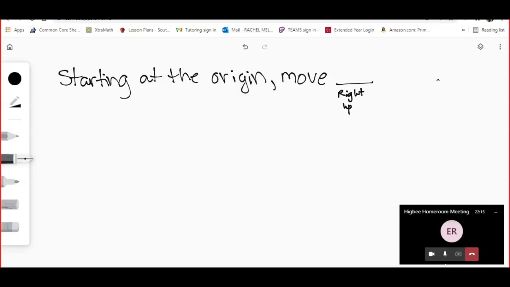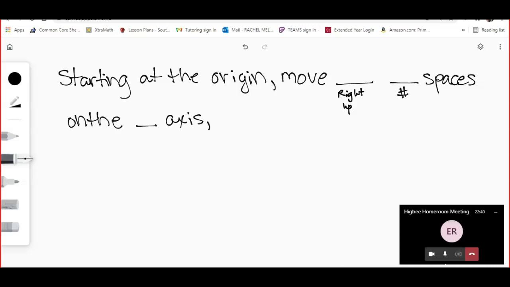Everybody with me on that? So it depends on what you're doing. So move right or move up, blank spaces. And this one's going to be a number, so I'll put a number symbol, on the blank axis.